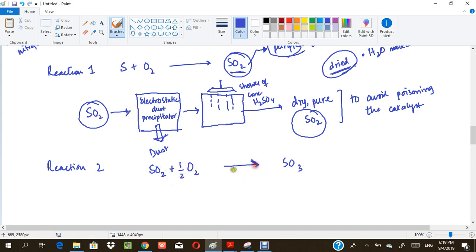This is a reversible reaction and this uses a catalyst called vanadium 5 oxide. Vanadium 5 oxide catalyst is used.